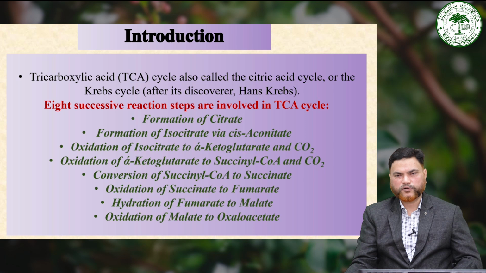The oxidation of alpha ketoglutarate to succinyl coenzyme A and release of carbon dioxide, conversion of succinyl coenzyme A to succinate to fumarate, and then hydration of fumarate to malate, and finally the oxidation of malate to oxaloacetate. So, these are the different steps of the TCA cycle in a nutshell.